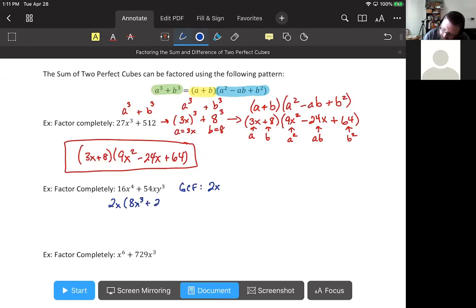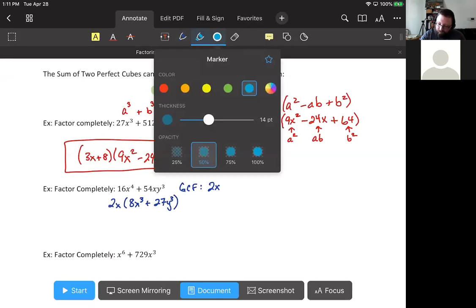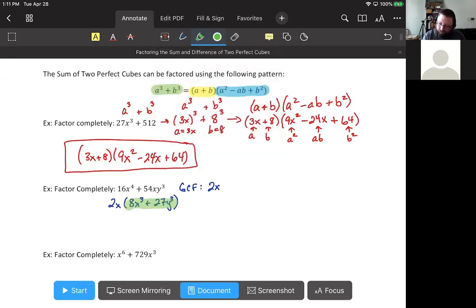Remember that when we factor out 2x, that is like dividing each term by 2x. So that would leave us with 8x cubed plus 27y cubed. Okay? Now if we look, that binomial matches the part up top there, a cubed plus b cubed. That's why I made it green, just like up top.